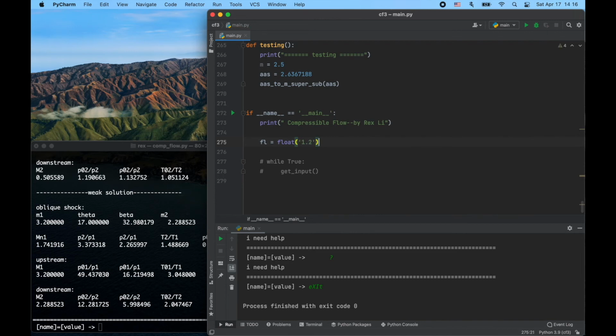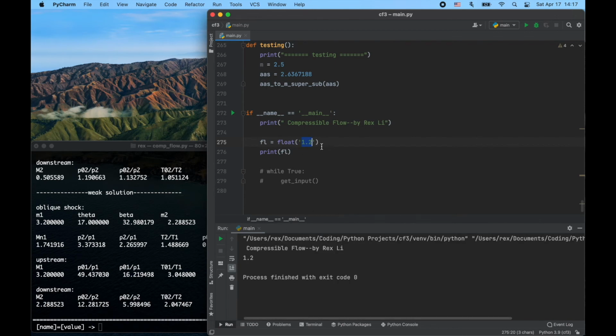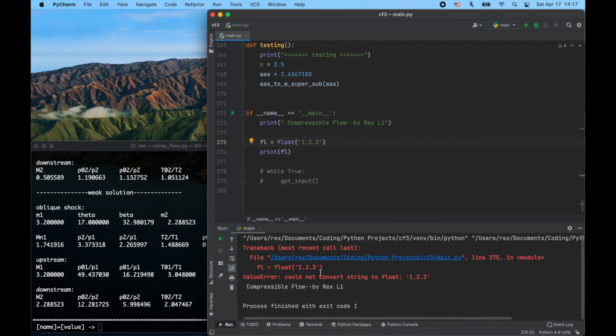So what if we have something like 1.2.3? Then the program will crash. So we would like to put a guardian for that. In case the program crashes, we will print out, okay, your format is wrong. Then try again.